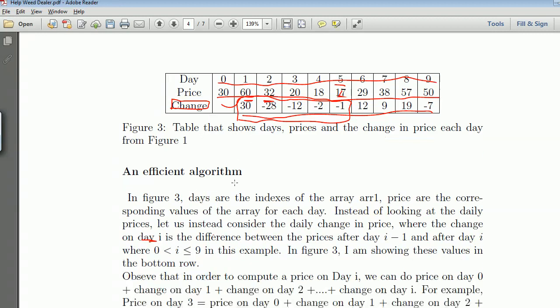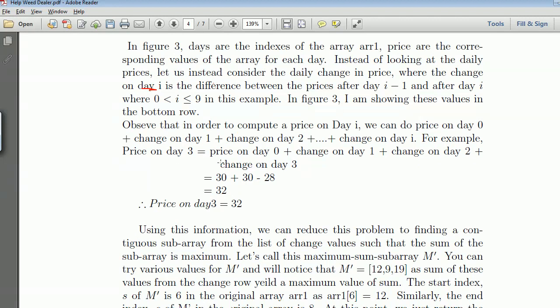So price on day I is equal to price on day 0 plus change on day 1 plus change on day 2 plus so on, change on day I. Okay, here is an example that I outlined on day 3 to prove my point.